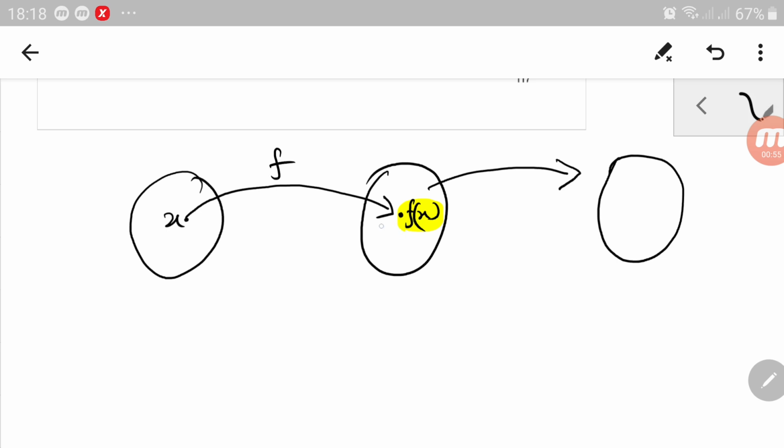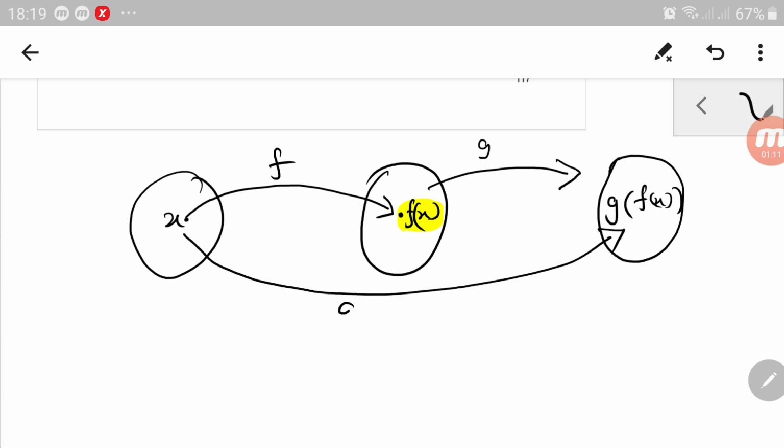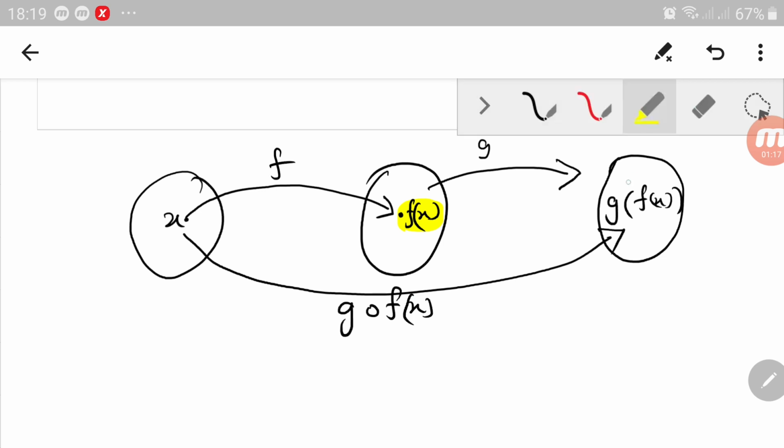We put the image inside another function, namely g. So it becomes g(f(x)). So this is the process. The whole thing is g composite f of x. So this is what it means.